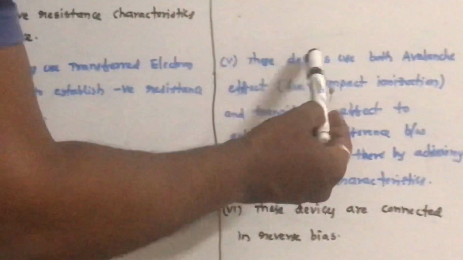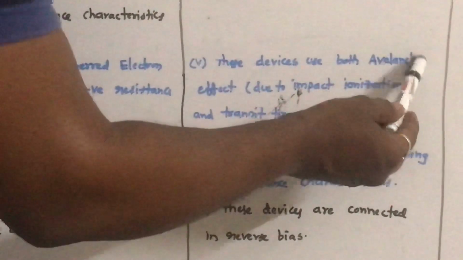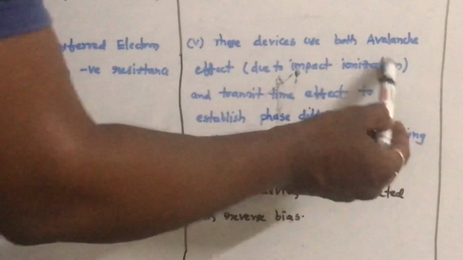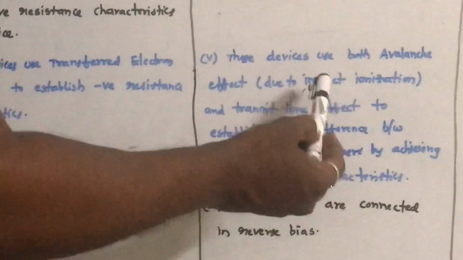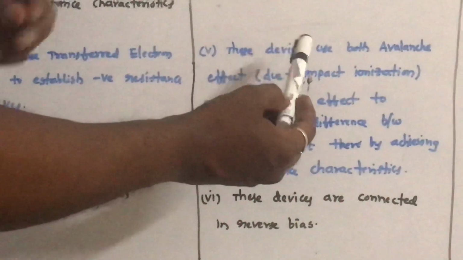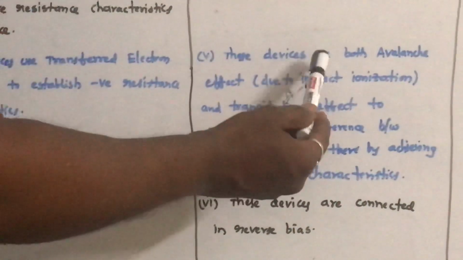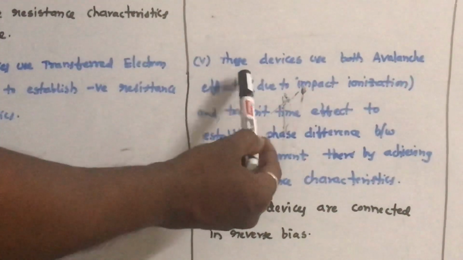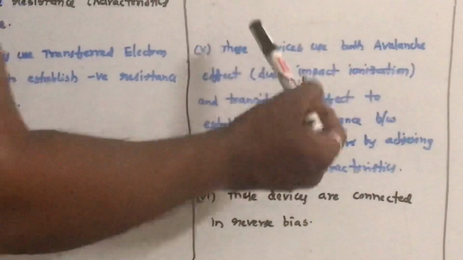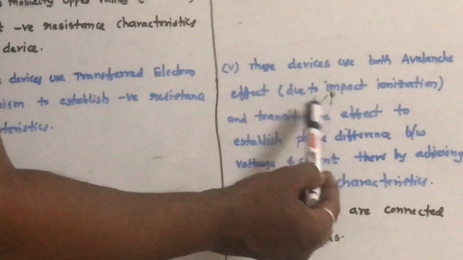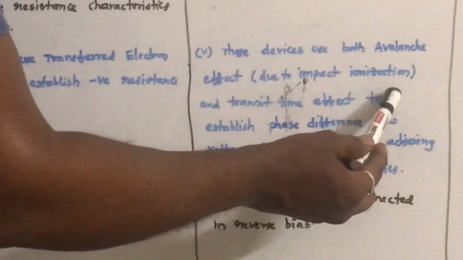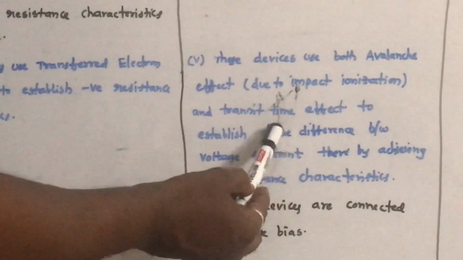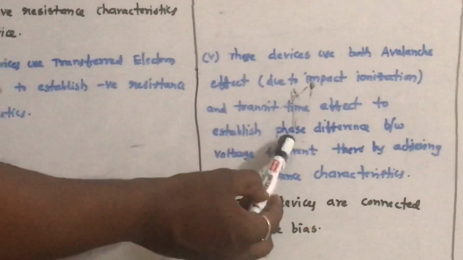Let us see, these devices use both the avalanche effect, which is due to impact ionization, and the transit time effect. So these devices use two mechanisms. What are these mechanisms? As the name itself indicates, the avalanche effect is due to impact ionization in the device, and the transit time effect establishes the phase difference between voltage and current.